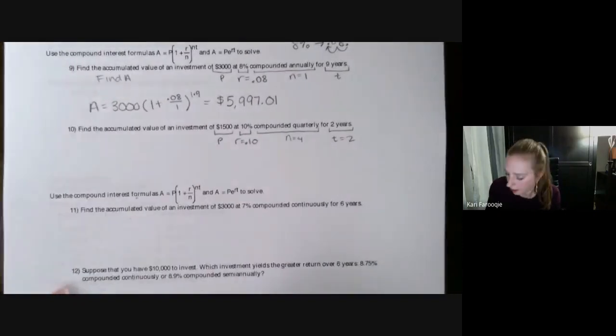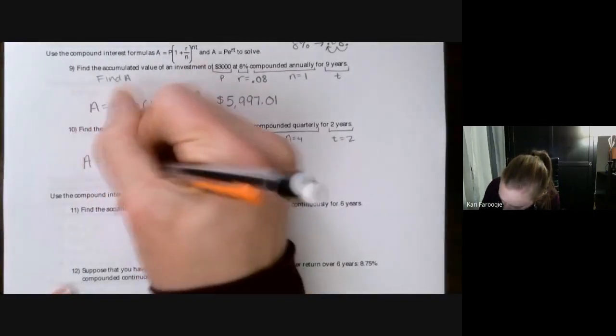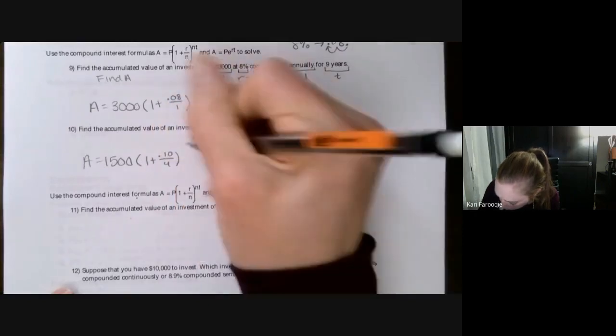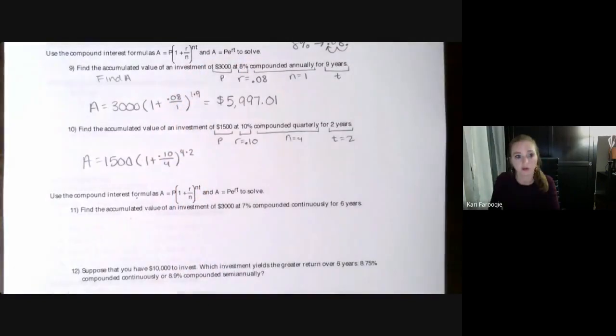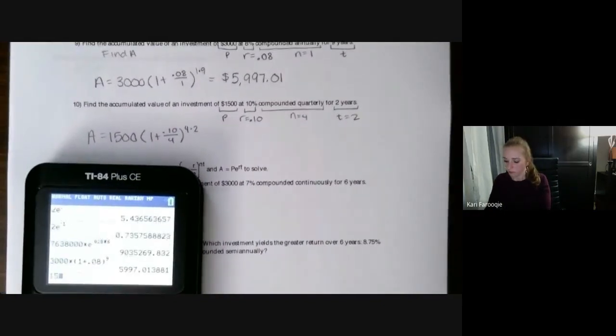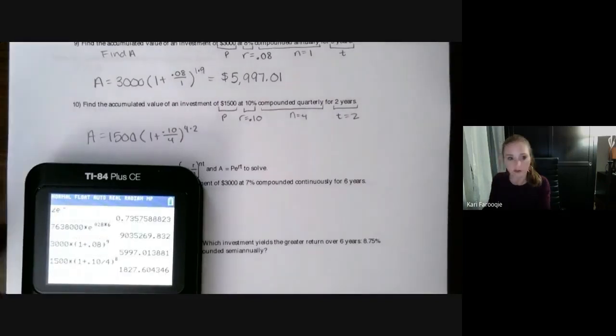So we should have 1,500 times 1 plus 0.10 divided by 4 to the 4 times 2. So 1,500 times 1 plus 0.10 divided by 4 to the 8th. That's 1827.60.